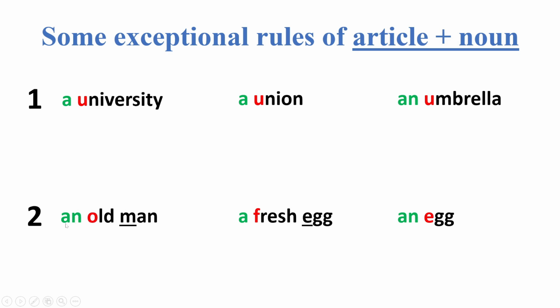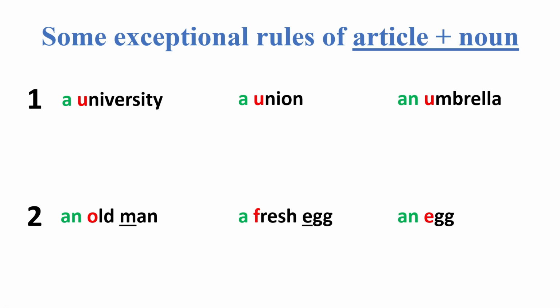So that's why here we have "an old man." The next one, a fresh egg. As you can see, the article is "a" because the adjective "fresh" begins with the letter F, which is a consonant. But you see in this example, the noun egg without an adjective, so we use "an" before that.